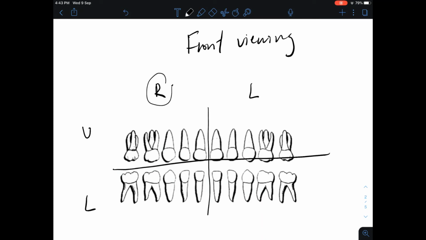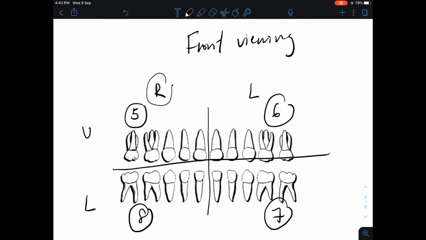However, for the children dentition, the upper right is given number 5, upper left is given number 6, lower left given number 7, and lower right given number 8. So, the first digit for children dentition is always 5 to 8.